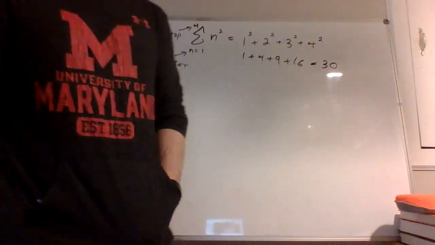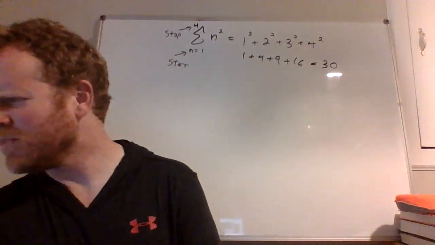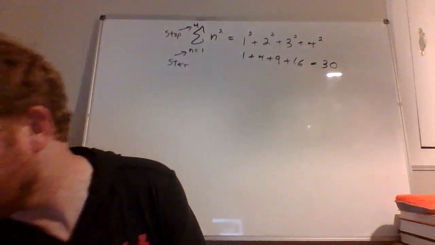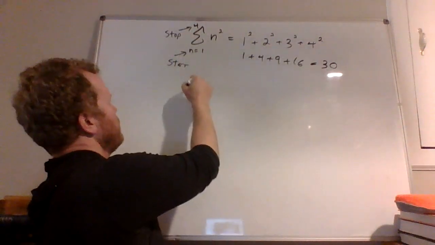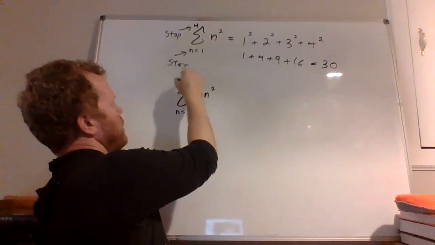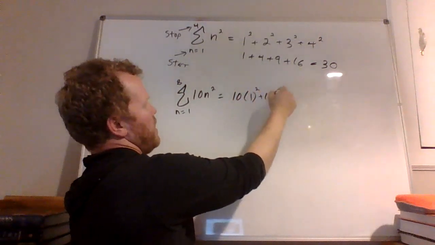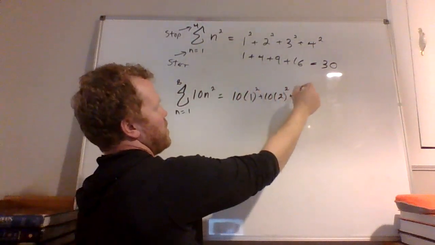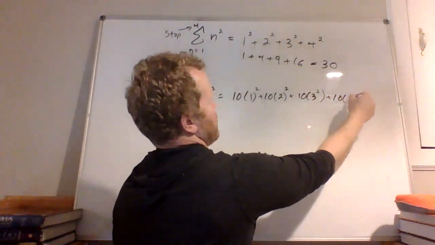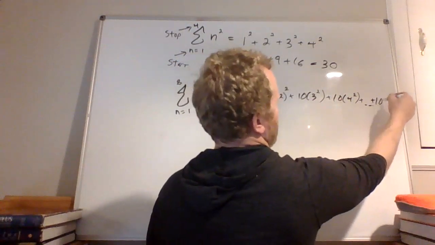Now, a couple quick things about sigmas and important and useful properties of sums is that if you were trying to find the sum from 1 to 8 of 10 times n squared, this is 10 times 1 squared plus 10 times 2 squared plus 10 times 3 squared plus 10 times 4 squared, eventually stopping at 10 times 8 squared.